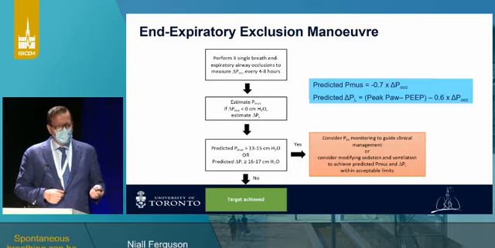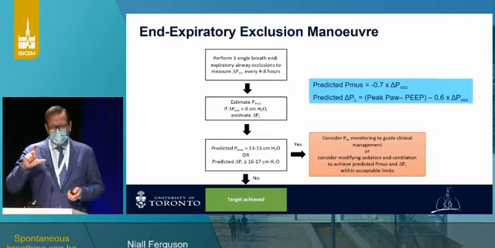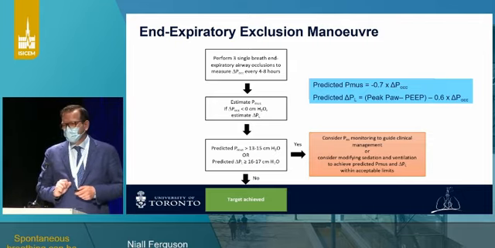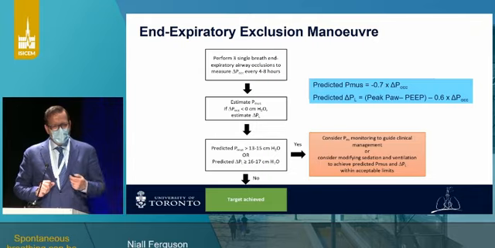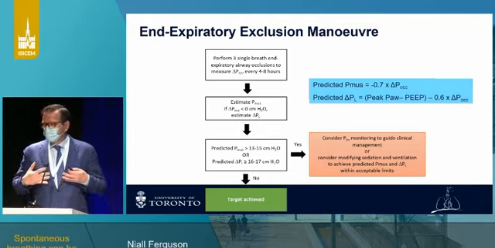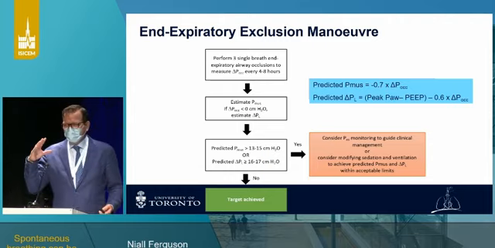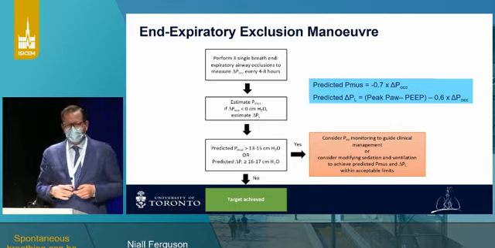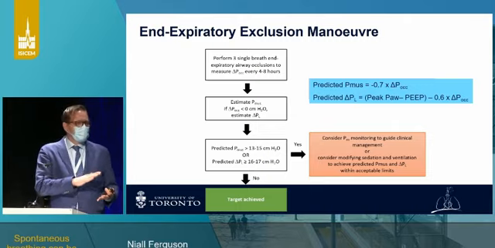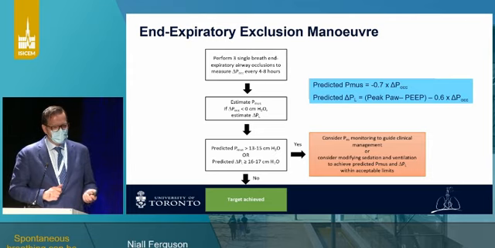I do an expiratory occlusion pressure, multiply by about 0.7 to get an estimate of Pmus, and take your measured delta P on the ventilator, and then add in the effects of the spontaneous breathing to get a true sense of what's actually happening to the lung. Because your pressure support of 5 might mean a delta P of 5, it might mean a delta P of 35, depending on how much effort the patient's actually making.